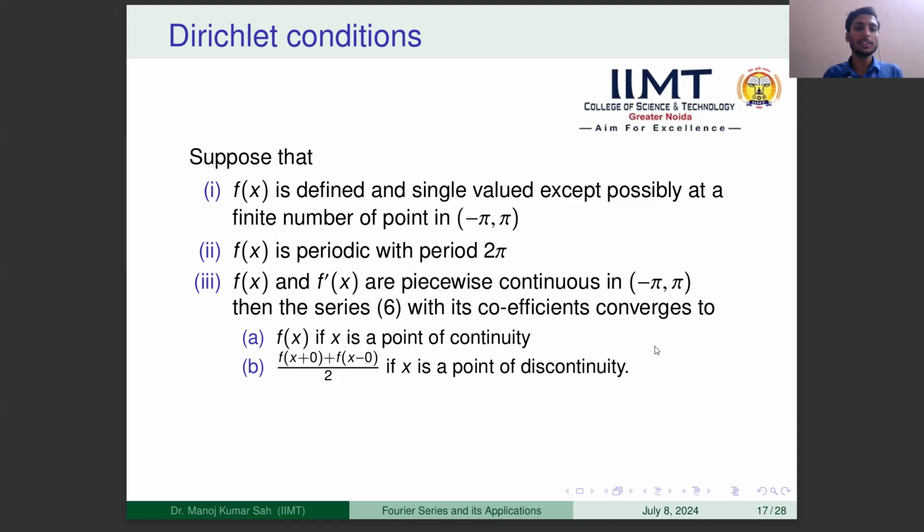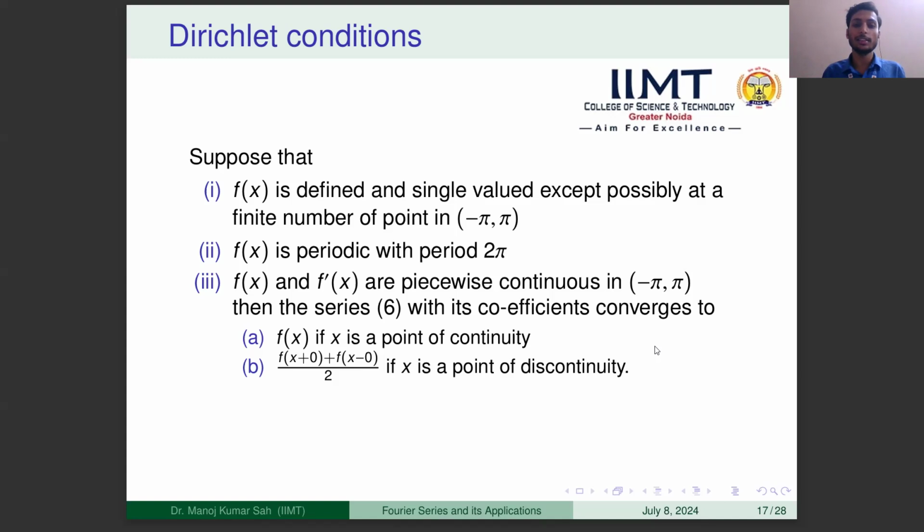Suppose that first condition is f of x is defined and single valued except possibly at a finite number of points in the interval minus pi to pi. Second one is this: f of x is periodic with period 2 pi. Third one is f of x and its derivative are piecewise continuous in the interval minus pi to pi.